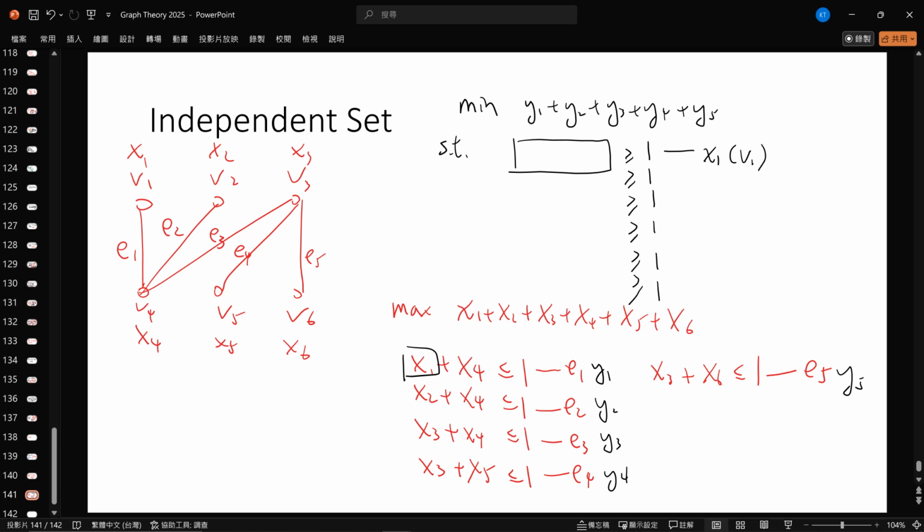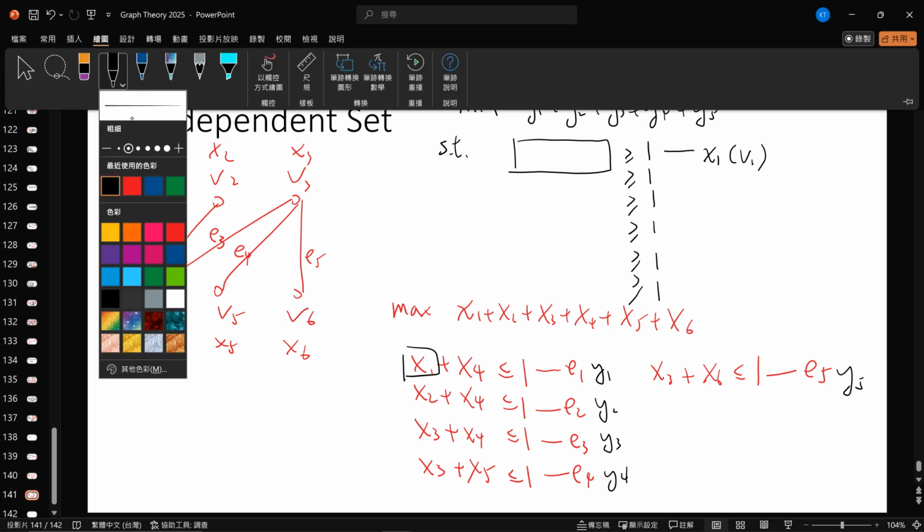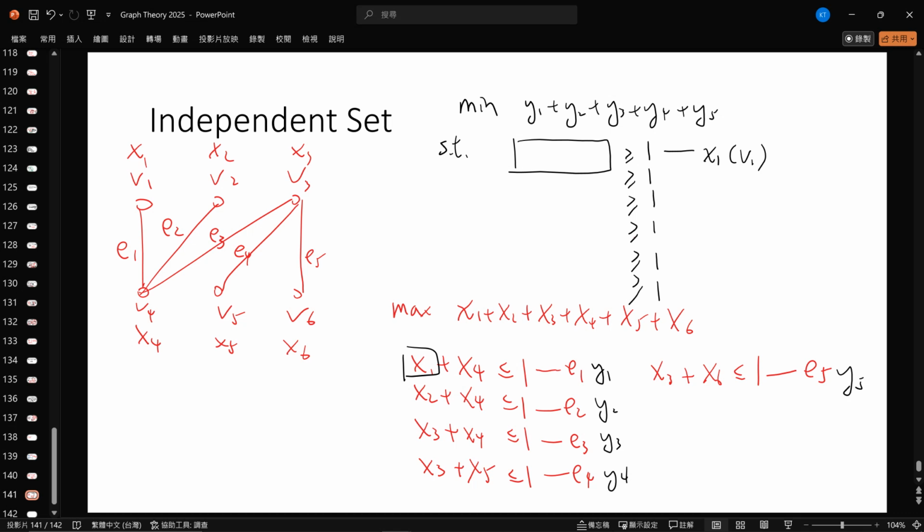Okay? Okay, so since there's only one constraint containing x1, and the constraint is for E1, so we only have one dual variable y1 here, okay?